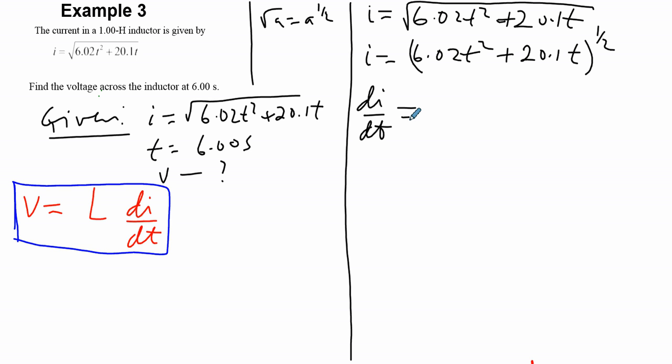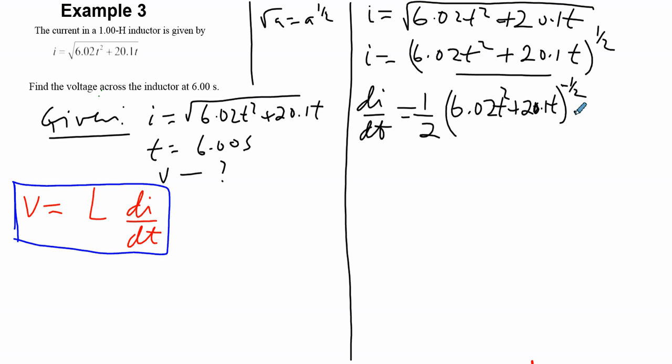So say di dt equals, take half, that's the power half, bring it to the front, and everything in the bracket stays the same, 6.02t squared plus 20.1t, but the half you have to minus by 1. So a half minus 1 is minus a half.